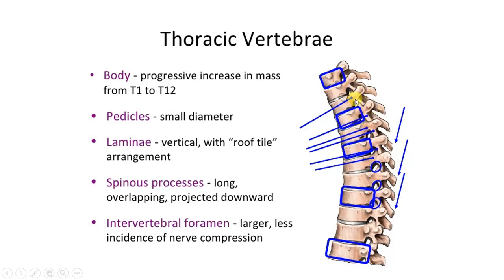The pedicle has a smaller diameter, and the laminae are vertical with a roof tile arrangement. The spinous process is long and projecting, becoming longer, and projecting downward, but the lower ones are straighter than the upper ones, as the lumbar vertebrae are going to start after that.